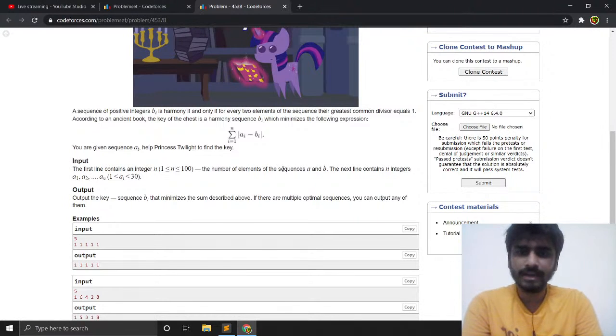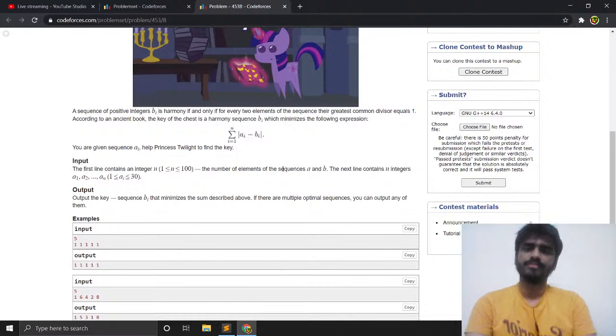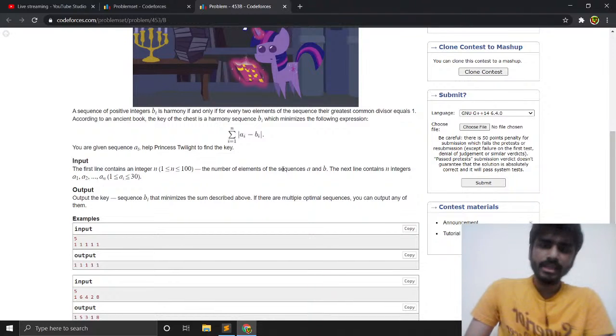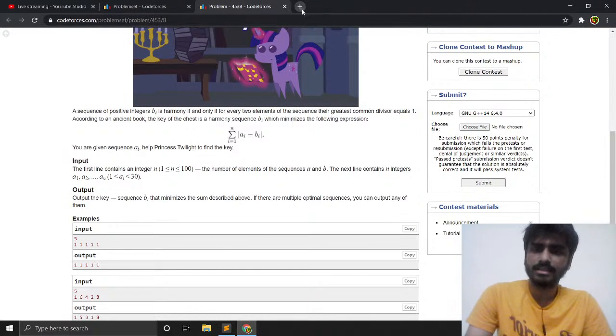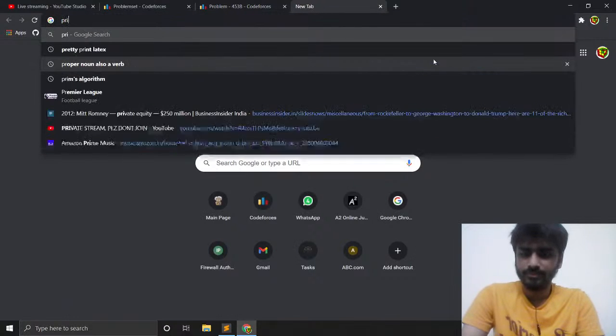Apart from that, let's see what else we can do. Also, each prime factor we can only take once, right? So let me see how many prime numbers are there that are less than 60.